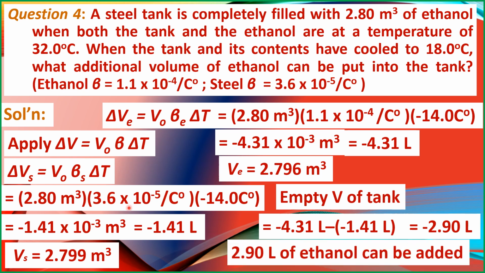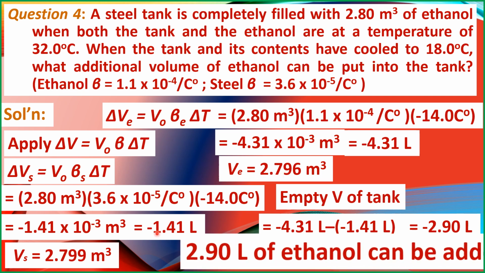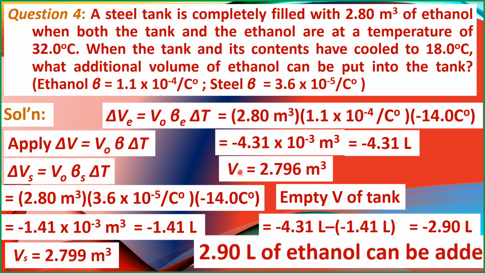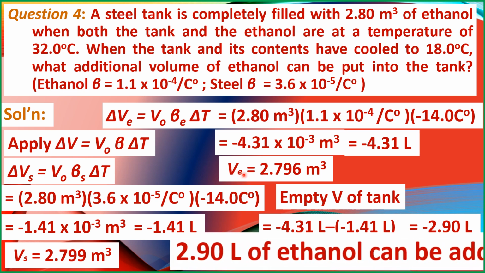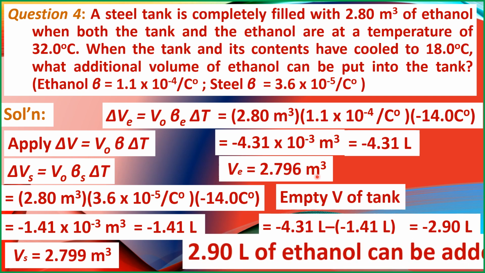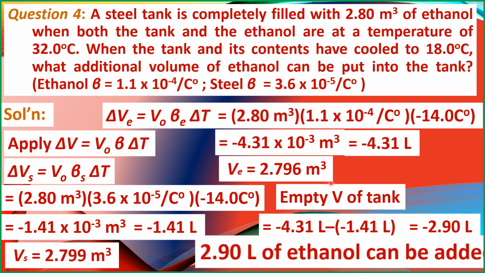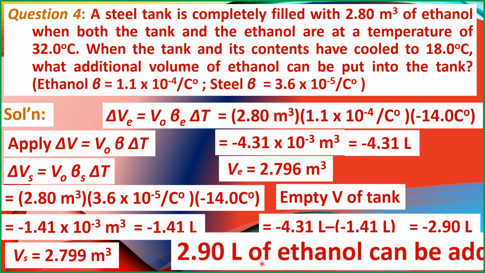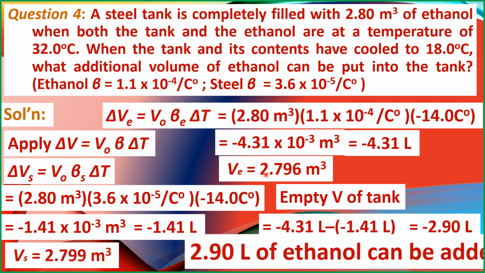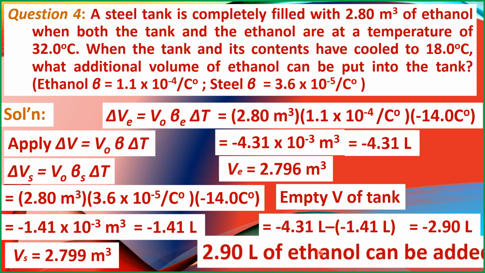Or, in short, another way is to look at the difference between the final volumes. So just get that difference, 2.799 meter cube for the steel tank minus the final volume for the ethanol, 2.796 meter cube. And the difference in meter cube, when converted to liter, will amount to almost the same as 2.90 liters. In fact, you will get 3.00 liter. So that's one way of checking this answer.